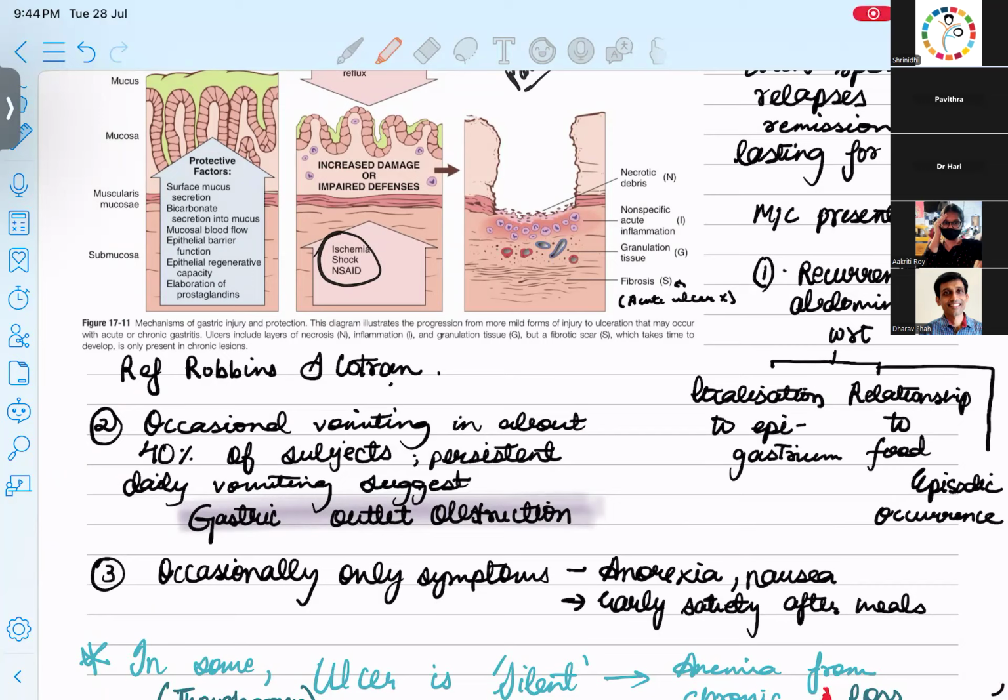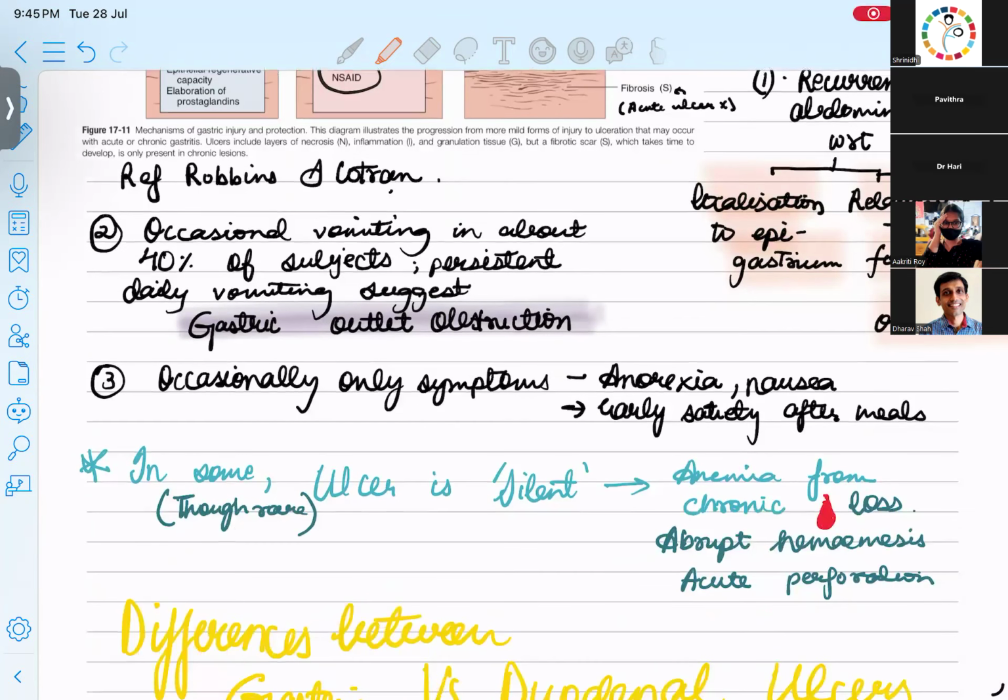That is, it will be majorly localized to the epigastric region of the abdomen. It has some relationship to the food. So relationship to the food decides whether it will lean toward duodenal or gastric. And episodic occurrence: is it very regular, is it weekly, monthly, multiple times in a day, what is the episodic reoccurrence. The patient might also present with occasional vomiting.